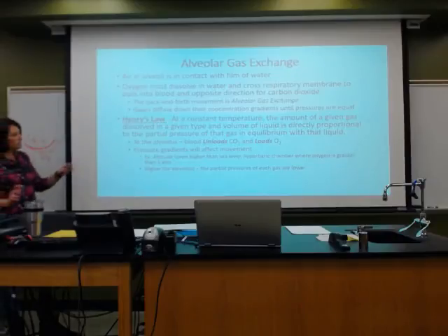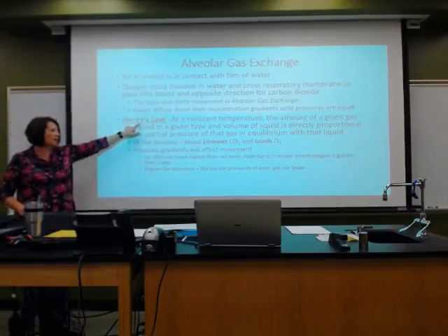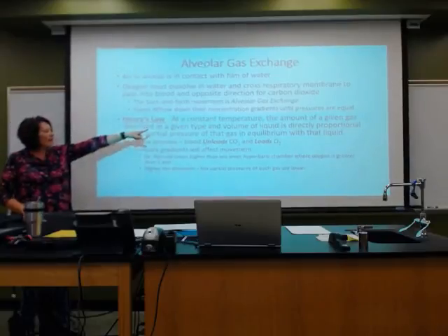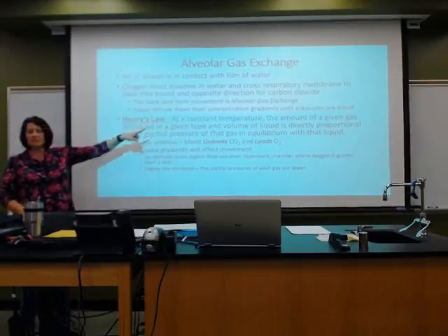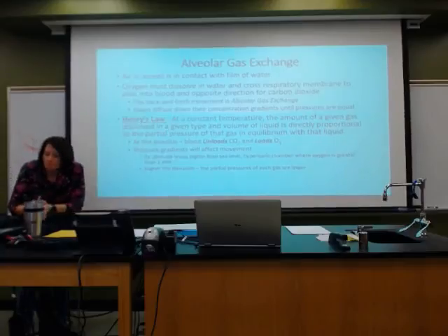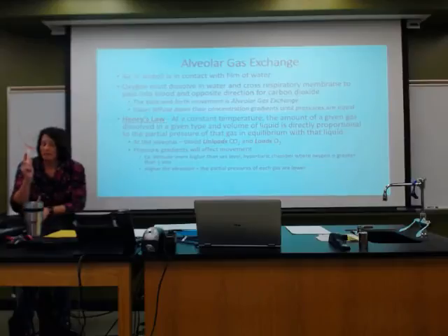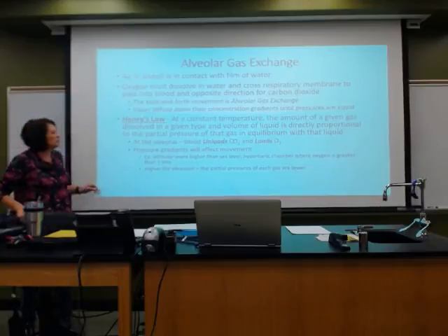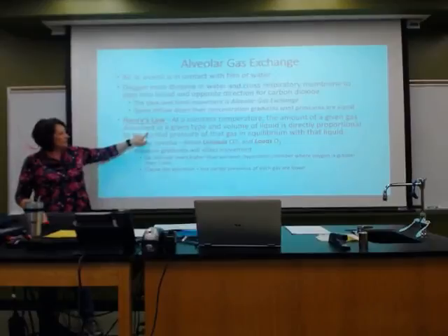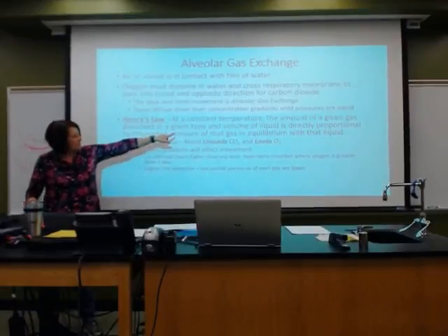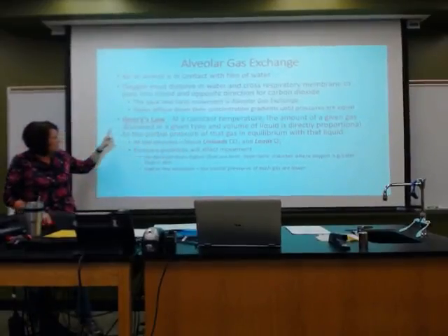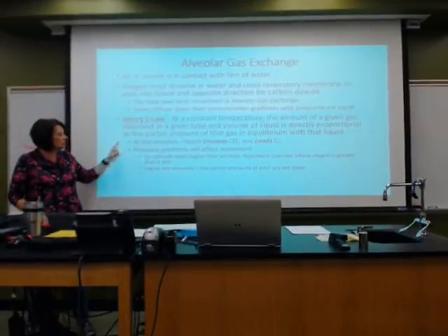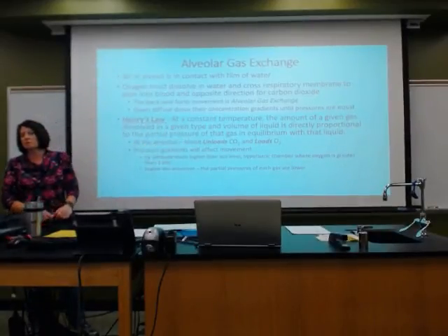Now, Henry tells us that at a constant temperature, what does that mean? What's our body temperature? 98.6. At the constant temperature, the amount of gas at any time and the volume is proportional to the pressures.